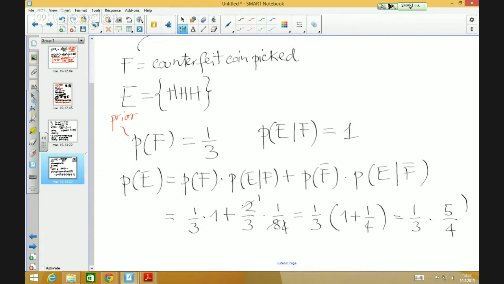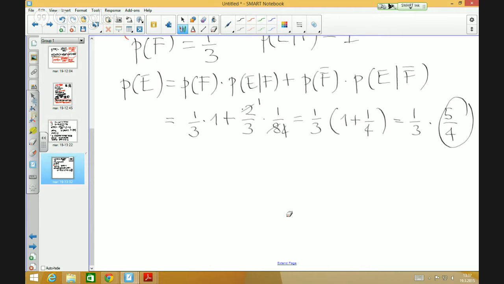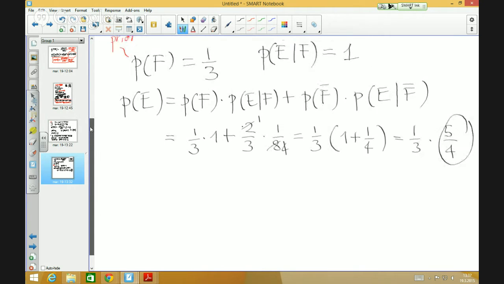Now, this 5/4 will turn out to be handy later on, because remember, the answer we want to get is 4/5. That's what Paulus told us. Okay, now we have everything. We can calculate. So the probability that I flipped the counterfeit coin, given that I observed head, head, head, is equal to what? Below the solid line, I write the probability of E, which is 1/3 times 5/4.